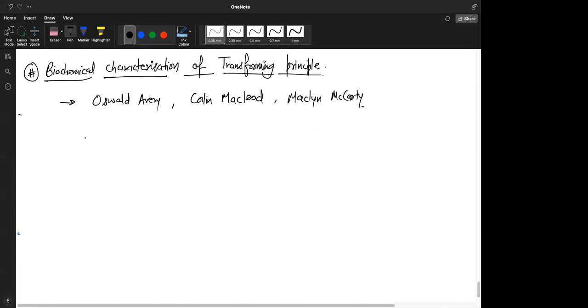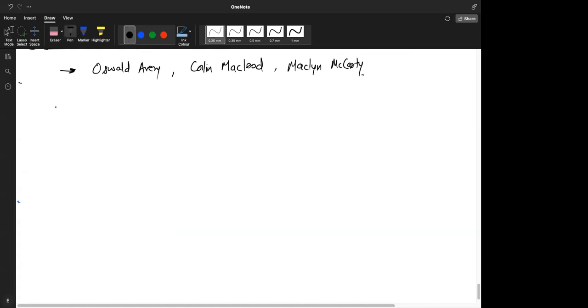These three scientists did a series of experiments to figure out what is the genetic material. Before their experiment, the most popular notion in the field was that it is protein. So what they did, their experiment was, write down the steps of their experiment.